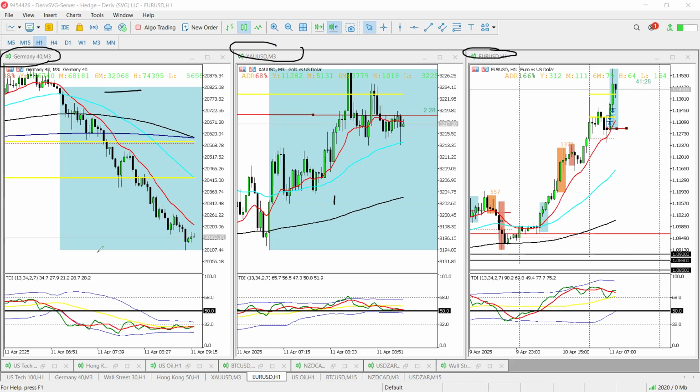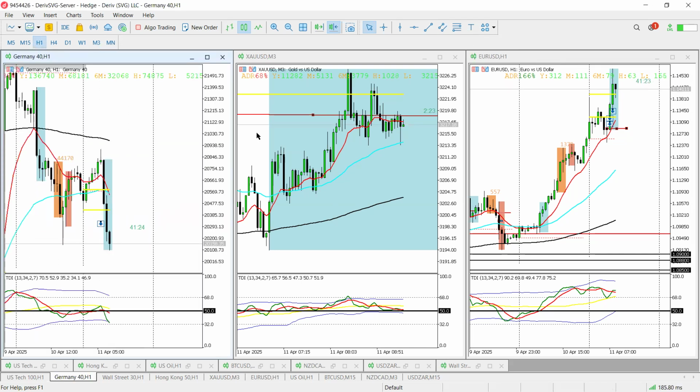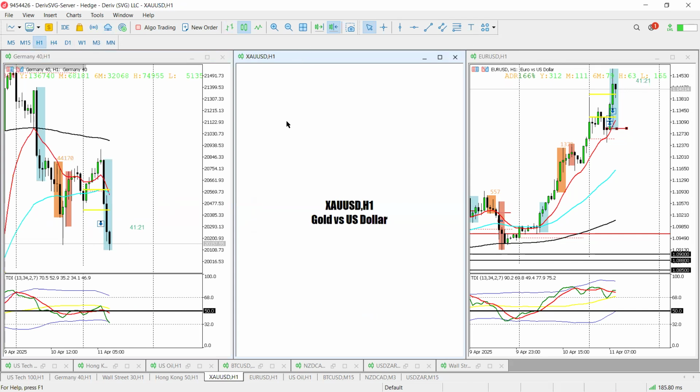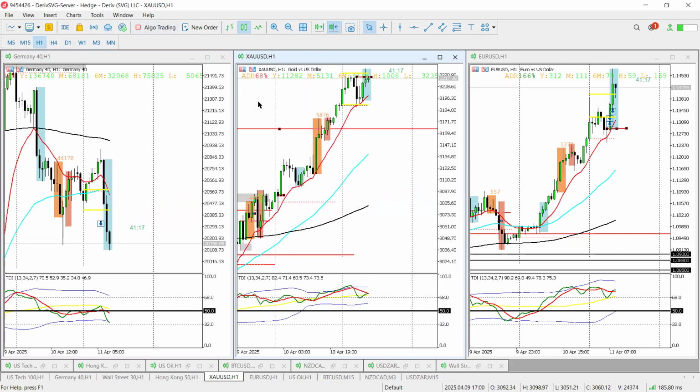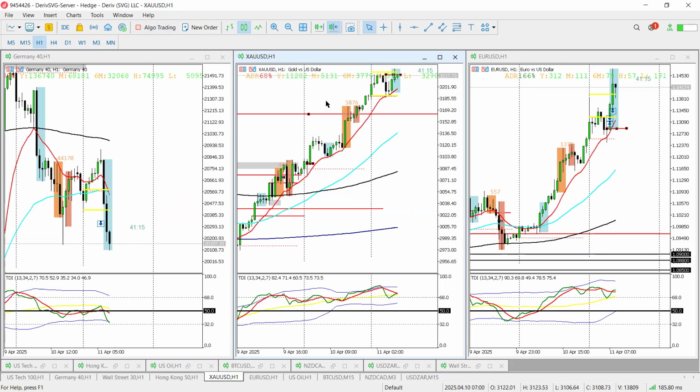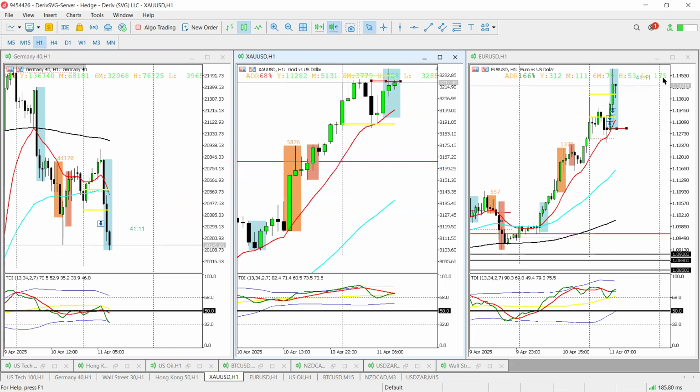So what I mainly want to highlight is, we're going to go into the multi-time frame analysis so that I can break down the trade. But my main focus was on H1 when my London session opened. I wanted to get an edge.